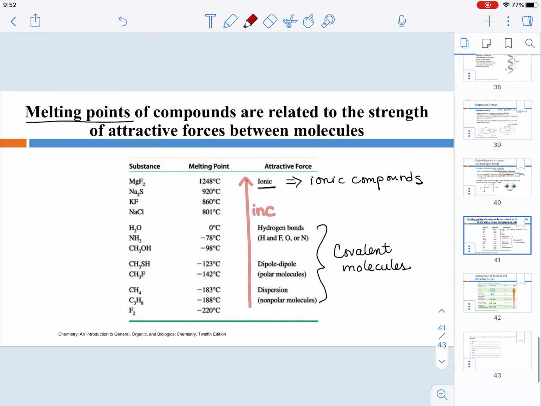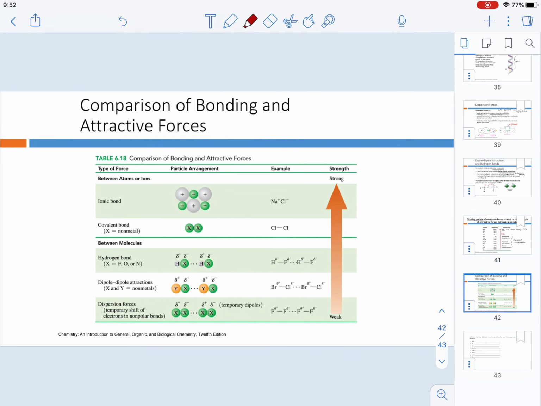So all of these observations have been summarized in table 6.18 in your textbook. And as you can see, this is just illustrating what we just talked about. The only thing that you need to pay attention to is that the top of the table is illustrating intramolecular interactions, because this is just comparing ionic compounds versus covalent.